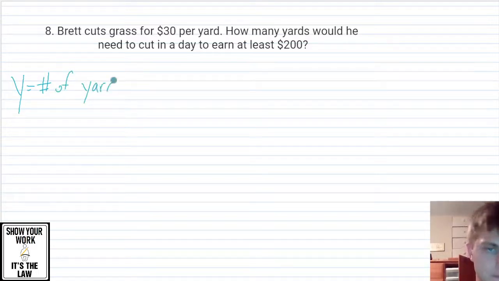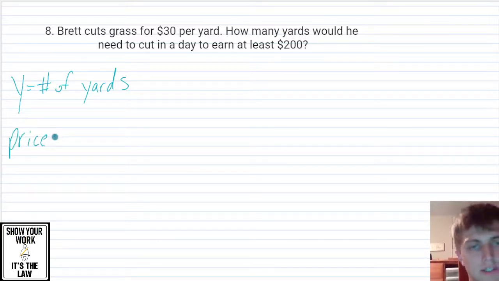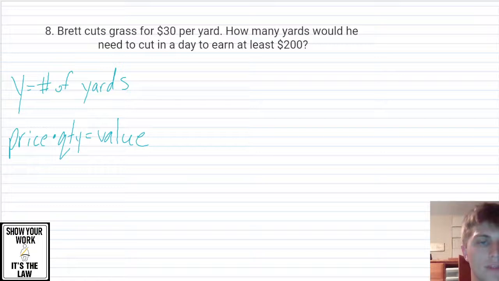Now this is something we talked about before. We've got quantity and we've got value. Value is the price times the amount, or quantity, equals value. Now we want to know what the value of each yard is. The value of each yard is $30.